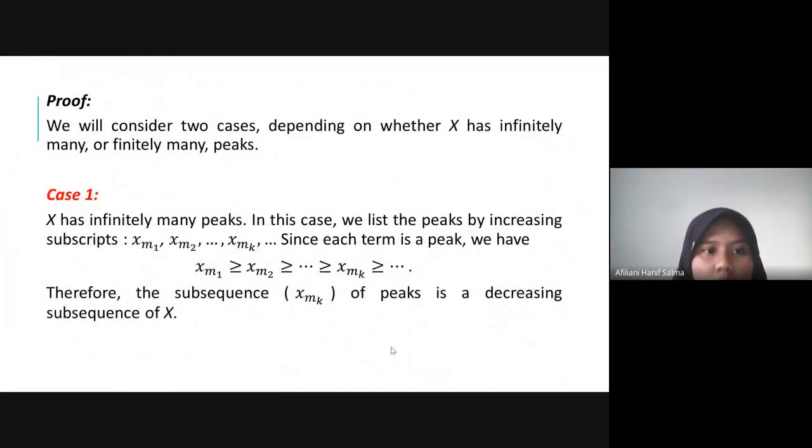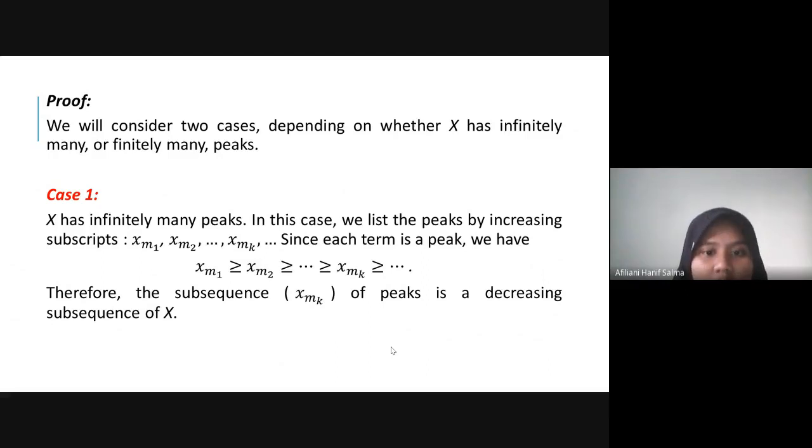In the proof, we will consider two cases depending on whether X has infinitely many or finitely many peaks. For case 1, X has infinitely many peaks. In this case, we list the peaks by increasing subscripts: xm1, xm2, and so on until xmk.